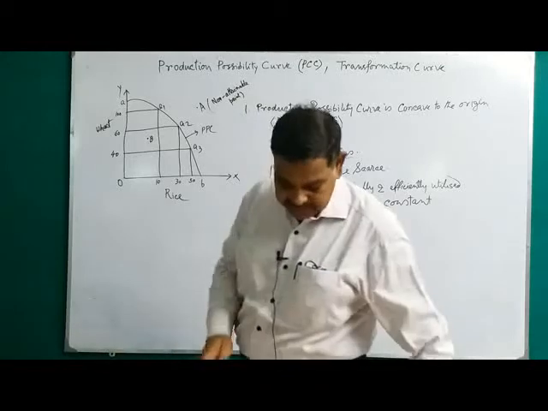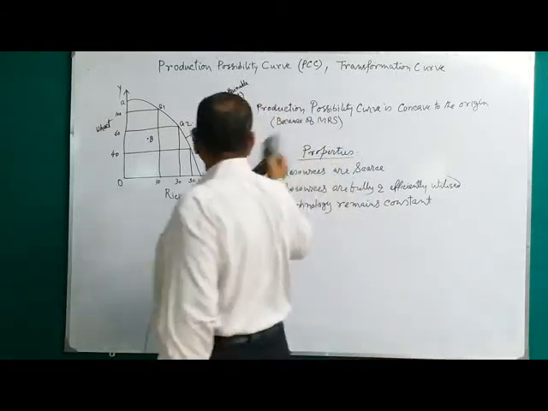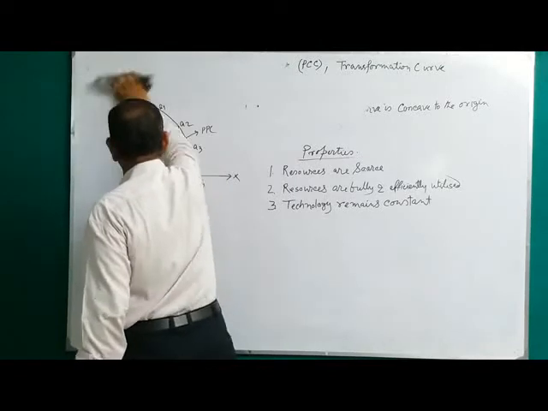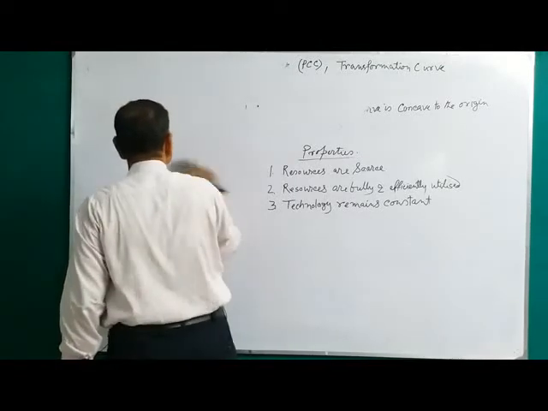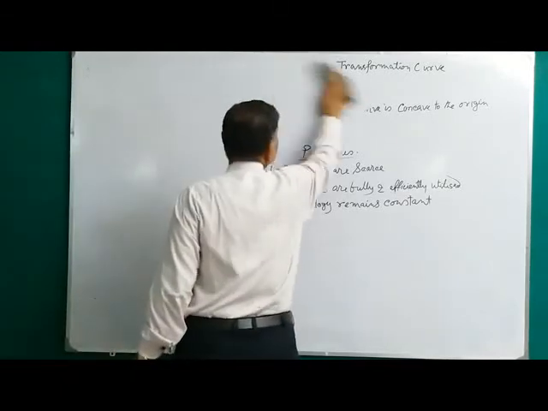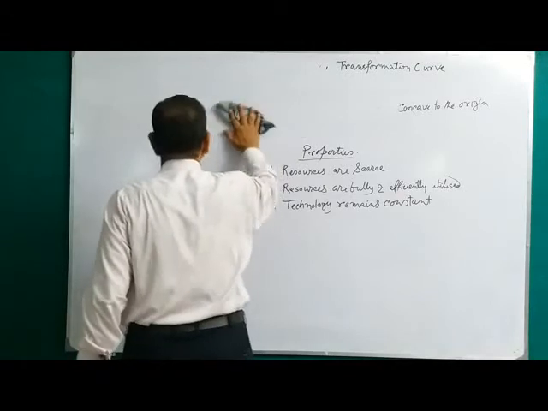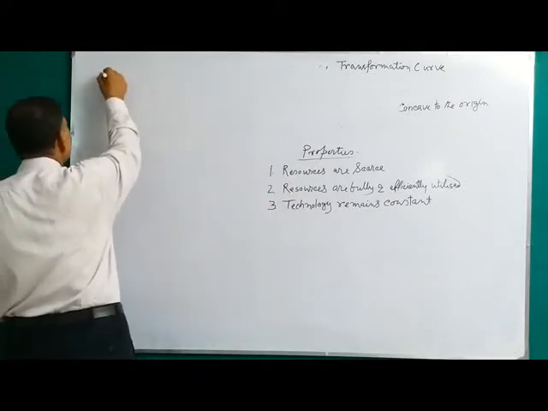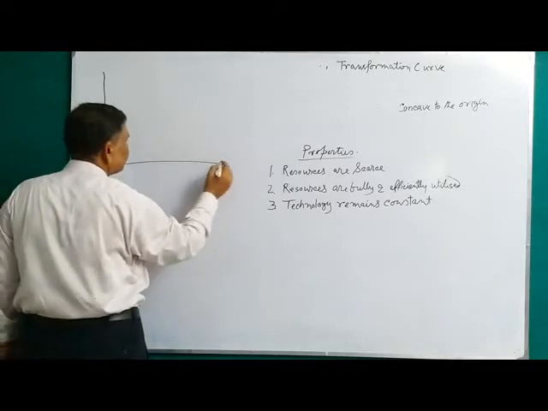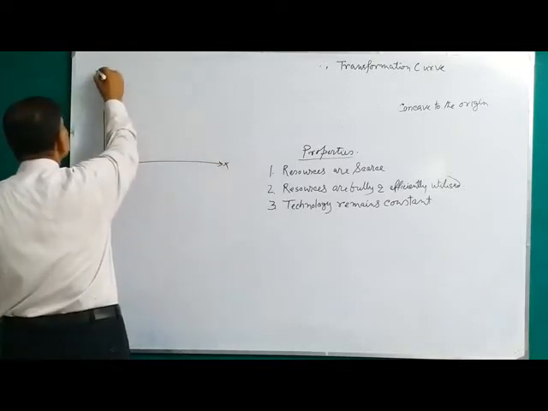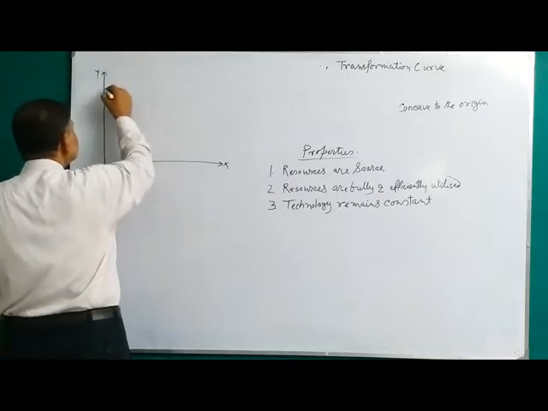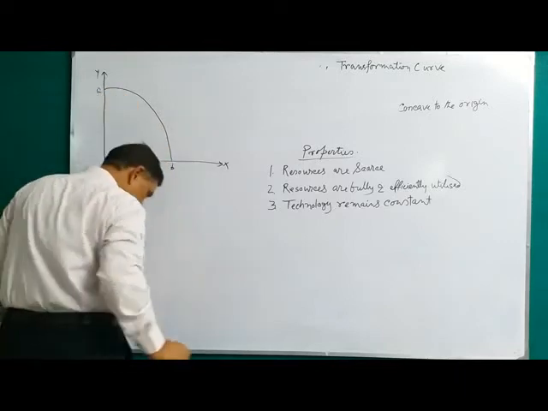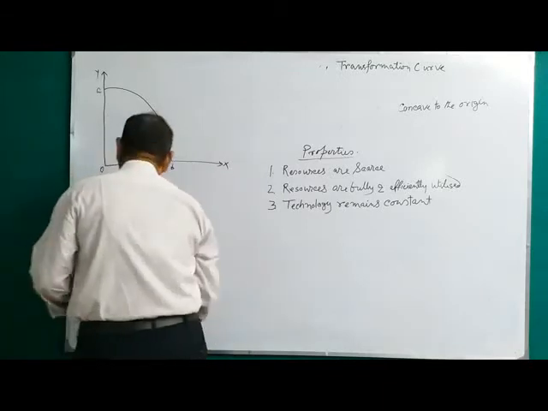Now the second part is the rotation of the PPC. So AB is the PPC curve.